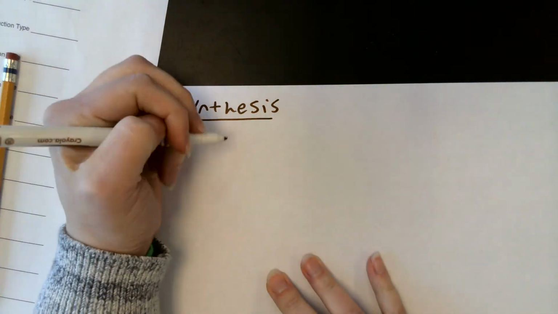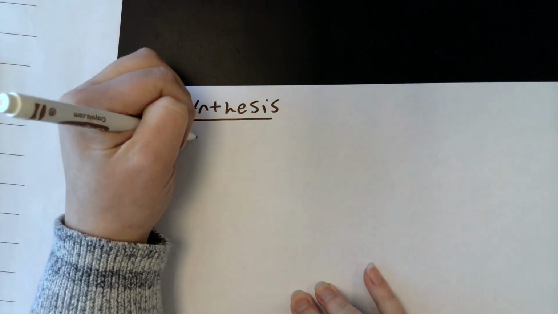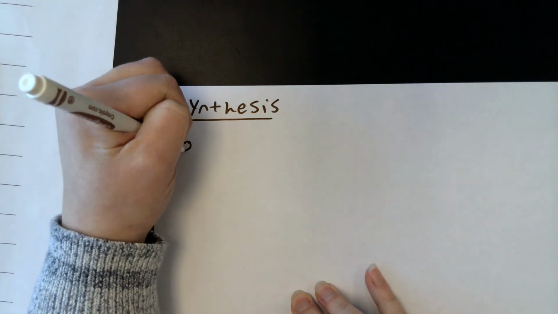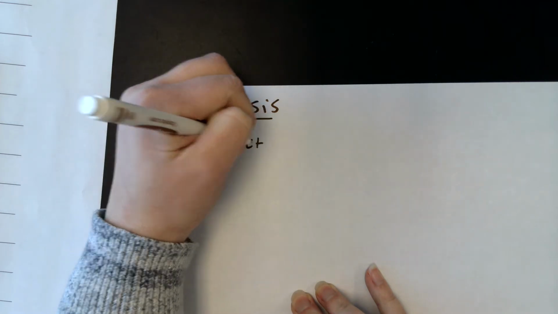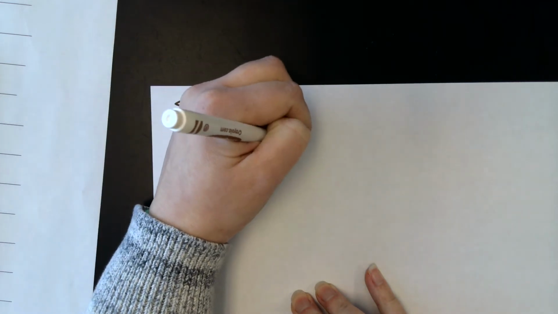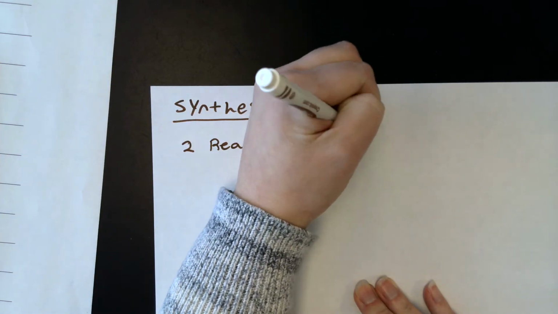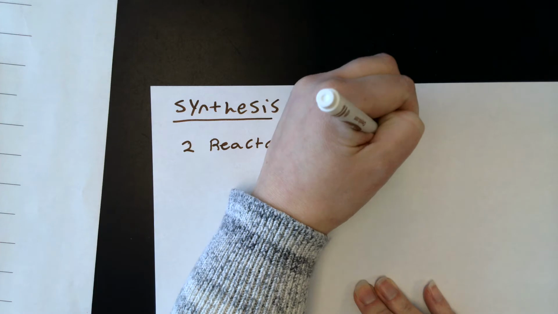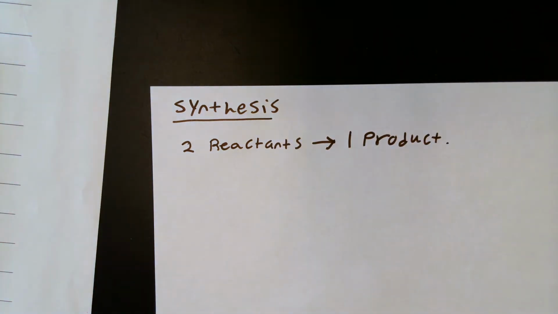This is where you have two things on the reactant side, and you go to having only one thing on the product side. Okay.